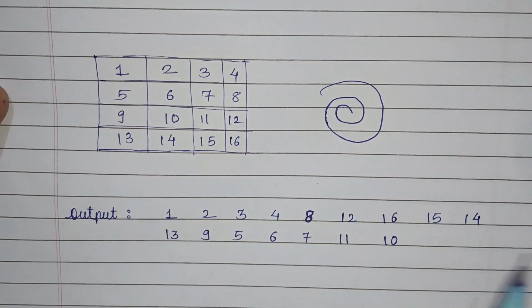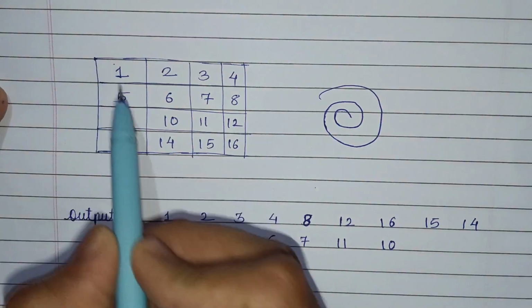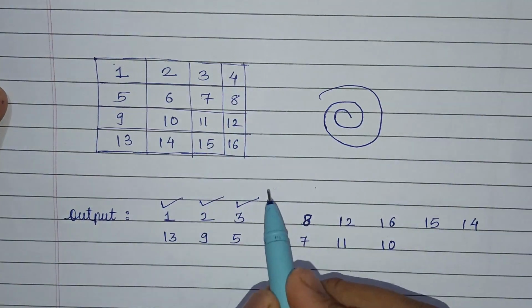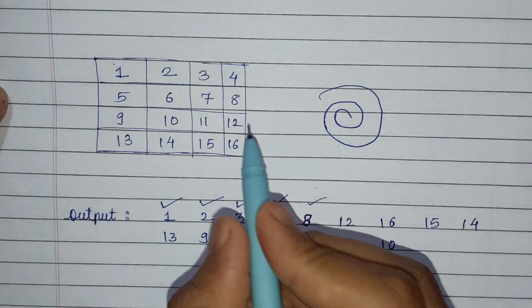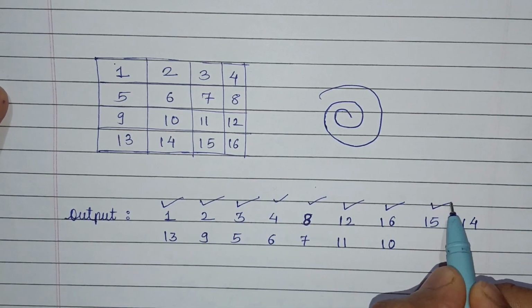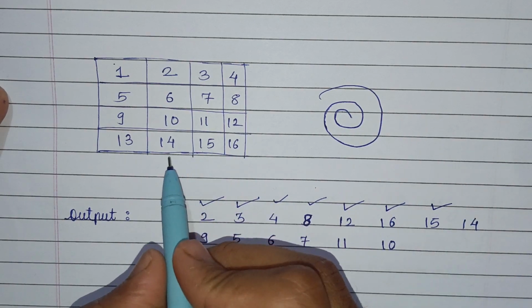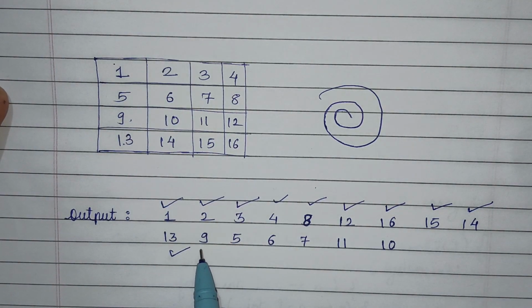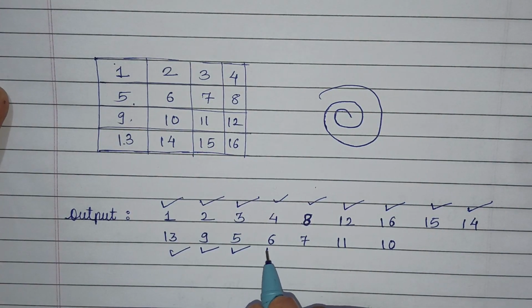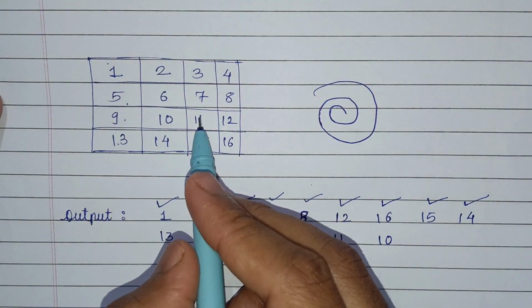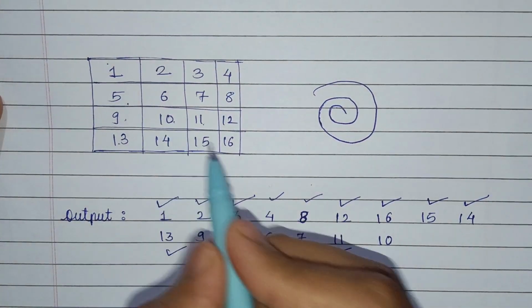So first it starts from 1, then 2, 3, 4, then 8, 12, 16, 15, then 14, then 13, 9, 5, then 6, 7, 11 and 10.